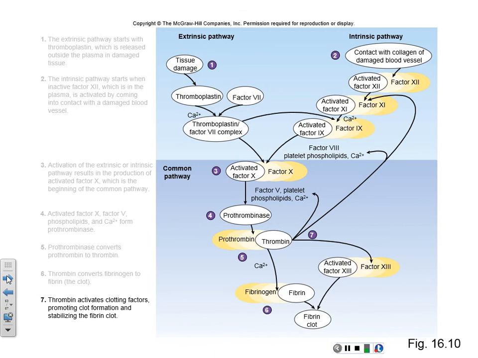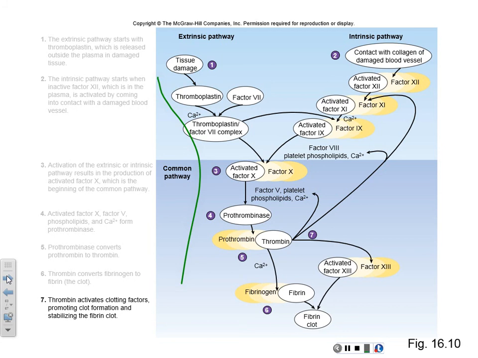So sometimes I may ask you to show how clotting occurs via the extrinsic mechanism. You start with thromboplastin. Or how it's activated via the intrinsic mechanism. You start with Hageman factor 12. And then it all converges at activated factor 10, and then it's the same pathway to the end.